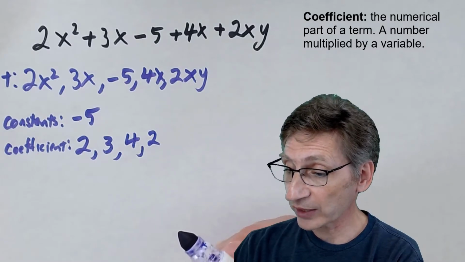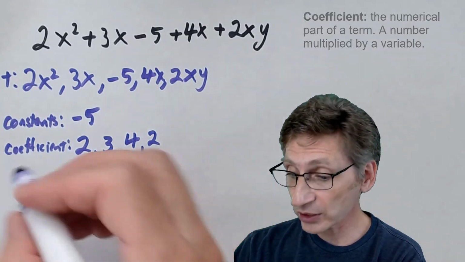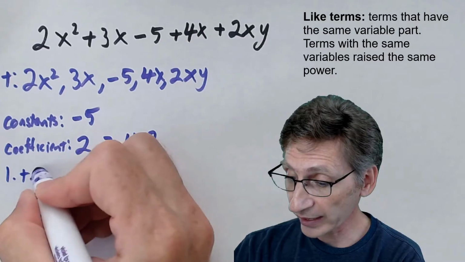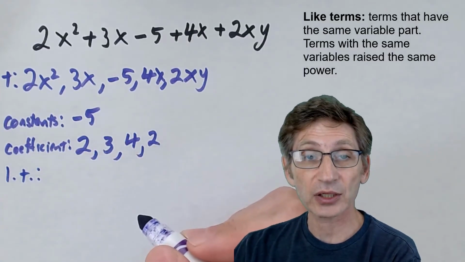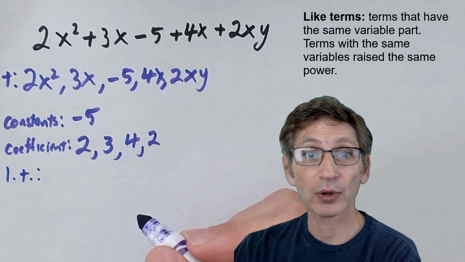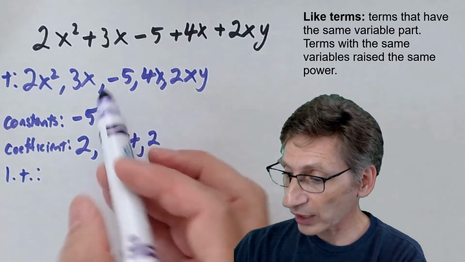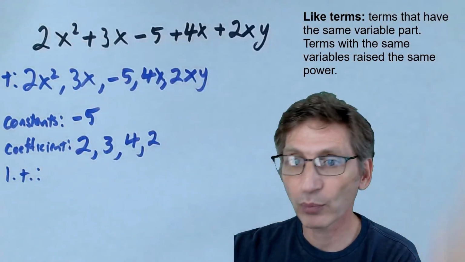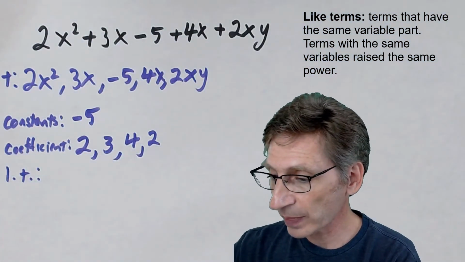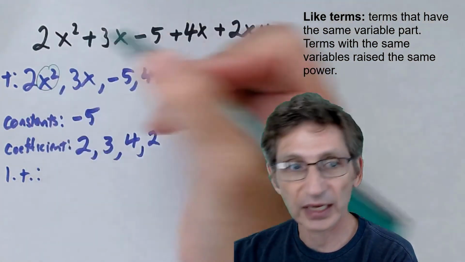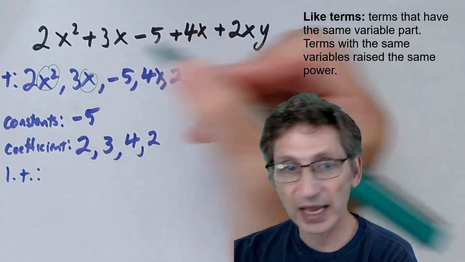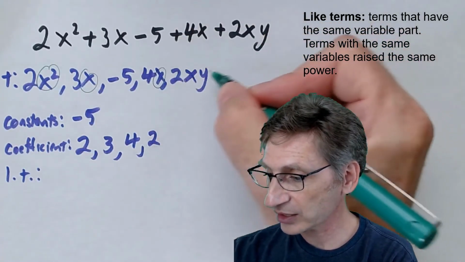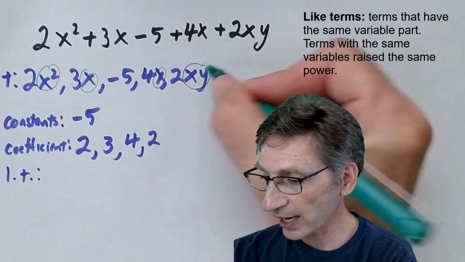Now that we have identified the terms, the constants, and the coefficients, we will look at the like terms. Like terms are terms that have the same variable part. If we look at our list of terms and identify the variable parts, this one has an x squared, this has an x, this one has an x, this has an xy.